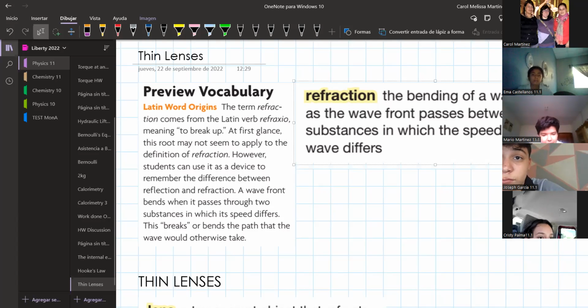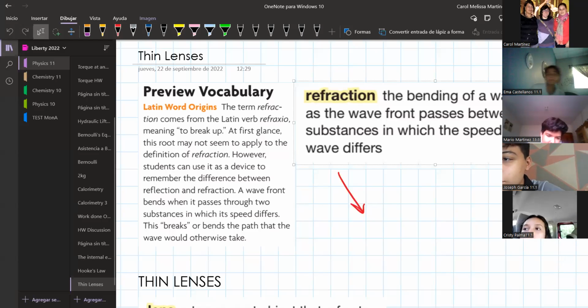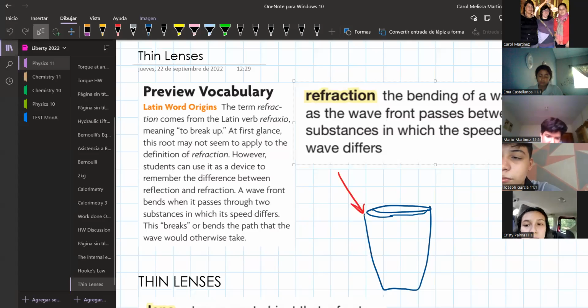Example: a light ray is coming in this direction, and you have a glass of water over here. So let's say that this is water. The light ray is coming from a medium, which is air in this case, and it's going through this other medium that is the glass of water.